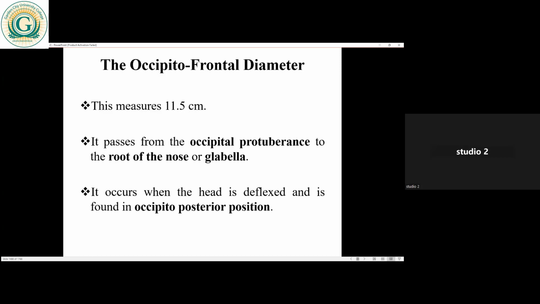It occurs when the head is deflected. This diameter comes to the pelvis when the head is raised, it deflects, and it's found in the occipito-posterior position, when the baby is at the posterior position of the pelvis and the occiput is pointing.